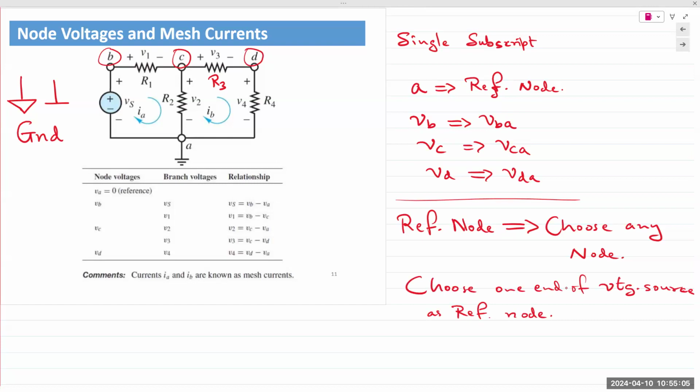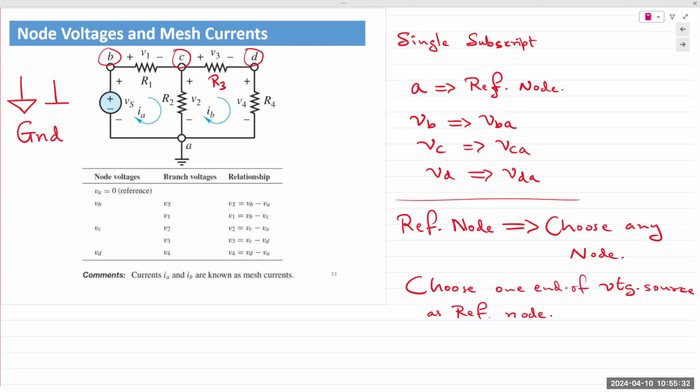We are talking about the reference node, right? What is the value of the voltage at that reference node? We're asking about VA. What is VA measured with reference to? A. So the voltage at A measured with reference to A is 0 volts.